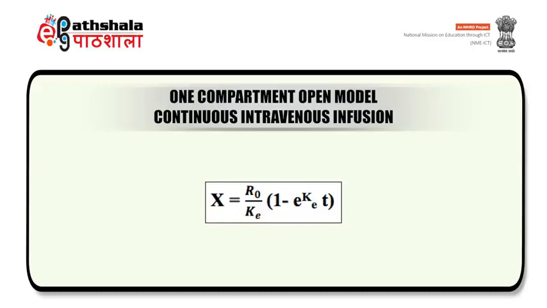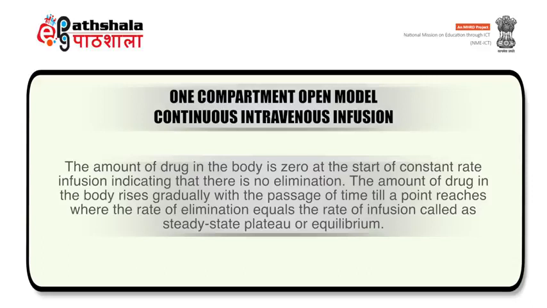On integration and rearranging, we get an equation which is x equal to R0 upon Ke into 1 minus e to the power minus Ket. The amount of drug in the body is zero at the start of constant rate infusion, indicating that there is no elimination.